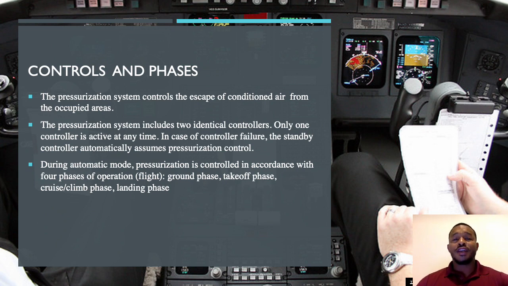Then you have the landing phase. And the landing phase is interesting because you are descending through several flight levels. More than likely, you're going to be flying at flight level 350. And as you descend through these different altitudes, the pressurization system is adjusting the pressure as we get closer to sea level or whatever the altitude is at your landing location.